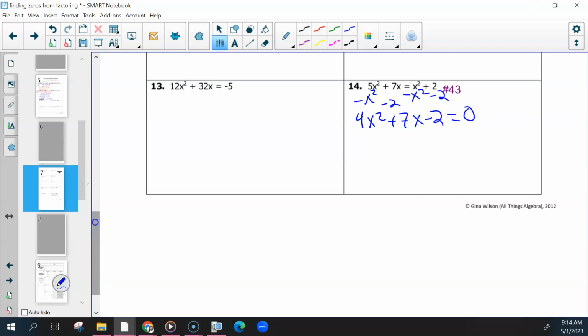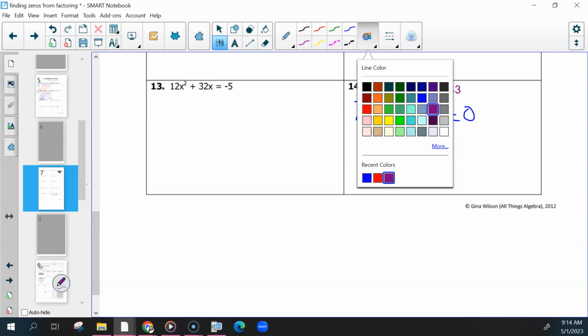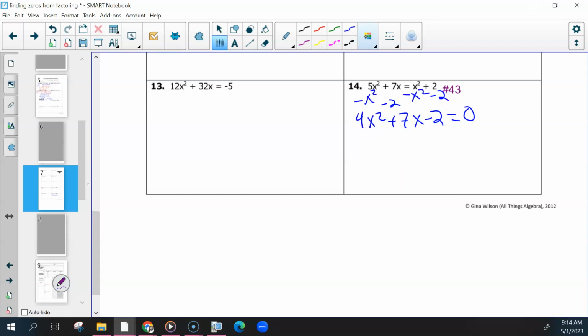What's our next step? Multiply 4 and negative 2, and then what Virginia was saying: what multiplies to be negative 8 and adds to be 7?